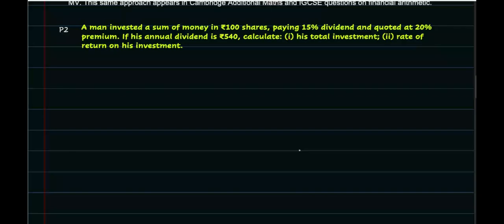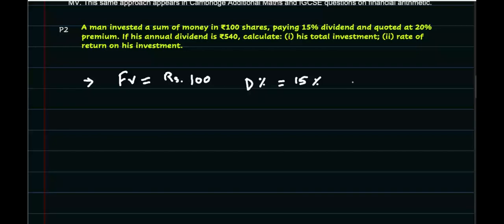Second, a man invested a sum of money in, this is the 100 share, means face value. Whatever is given, first of all write the face value of the share is rupees 100. Dividend percentage is how much? 15%.